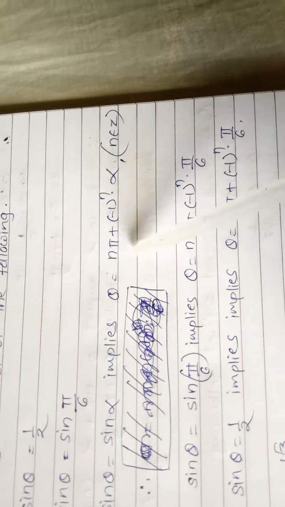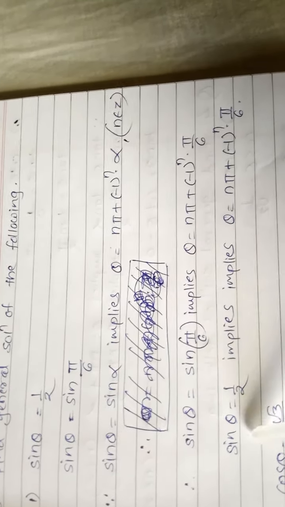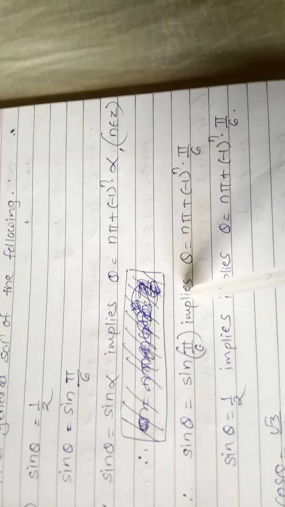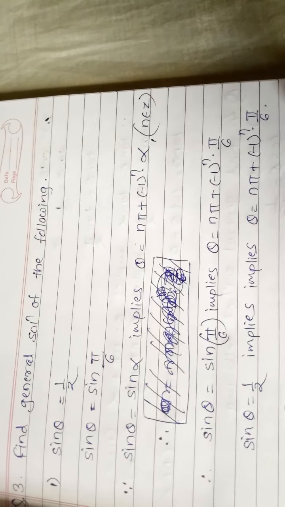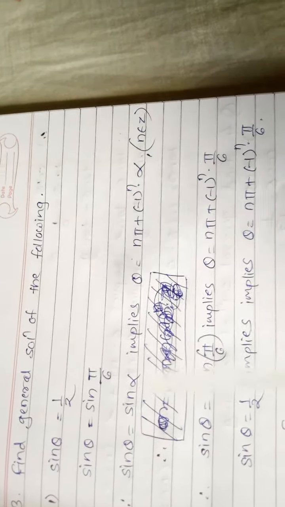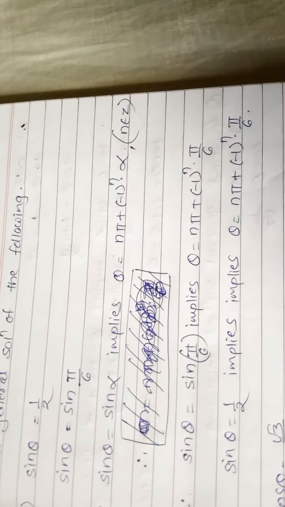Theta is equal to n pi plus minus 1 raised to n, and instead of writing alpha we write here pi by 6. But in our example we are given sin theta is equal to half. So we just put the value of this part. So we get sin theta is equal to half, and this expression is as it is. So this is the answer, the general solution of sin theta is equal to half.